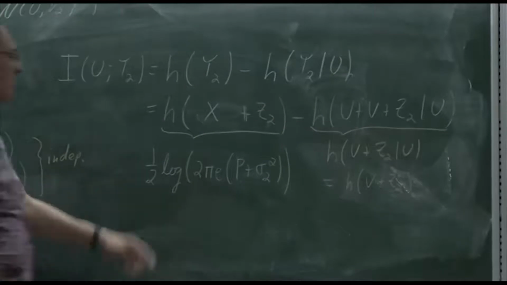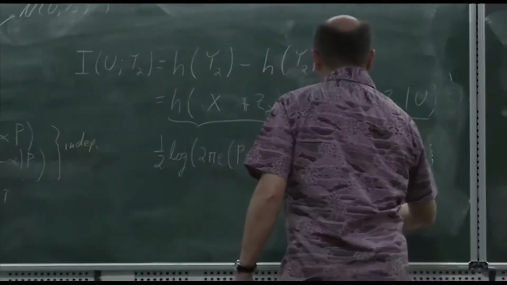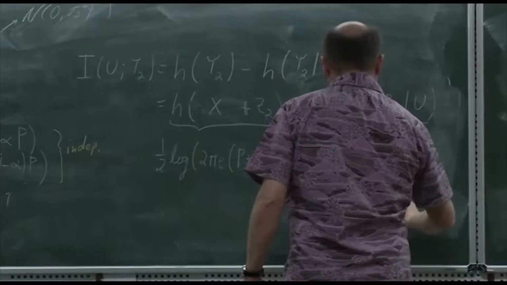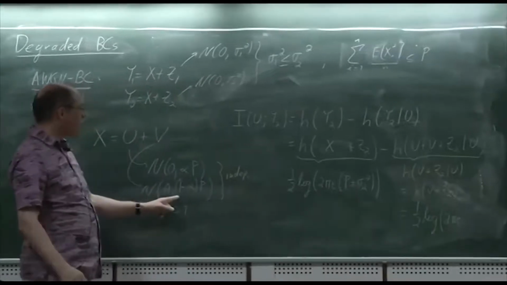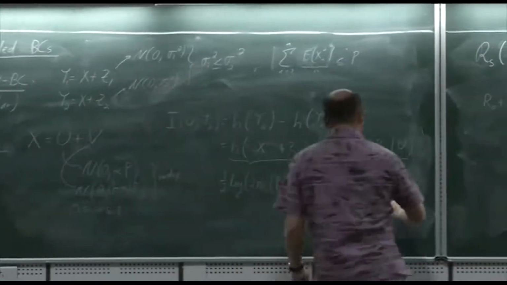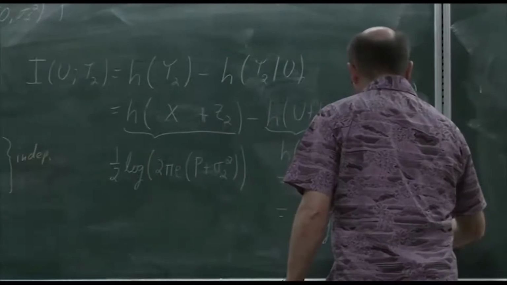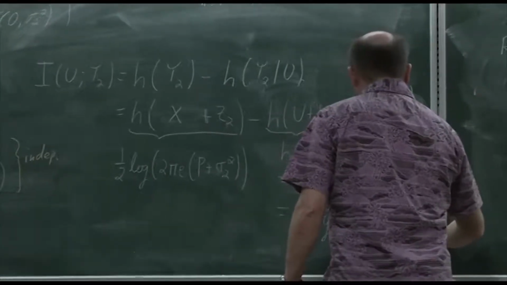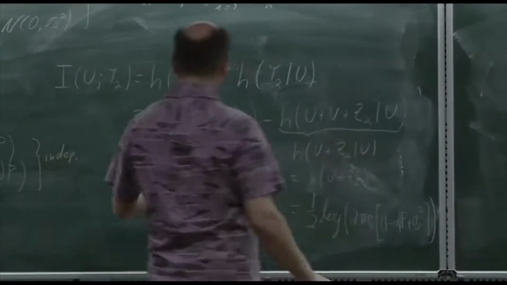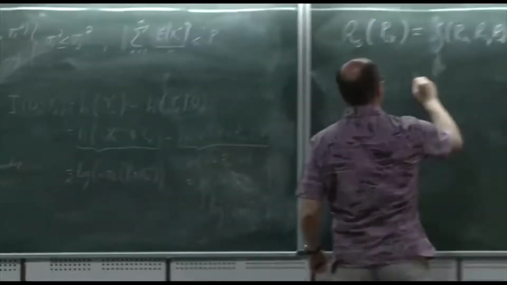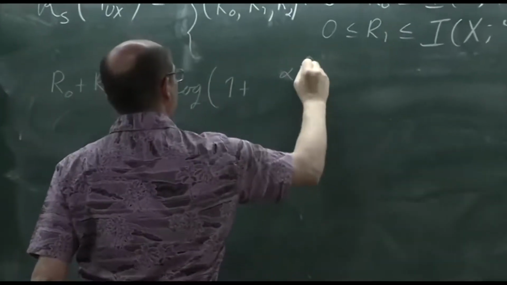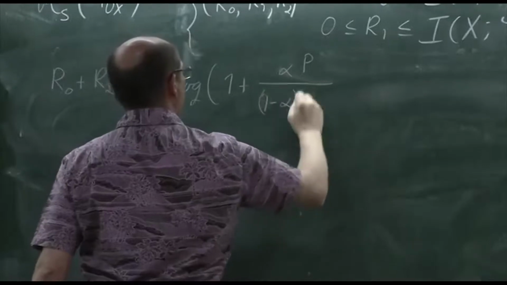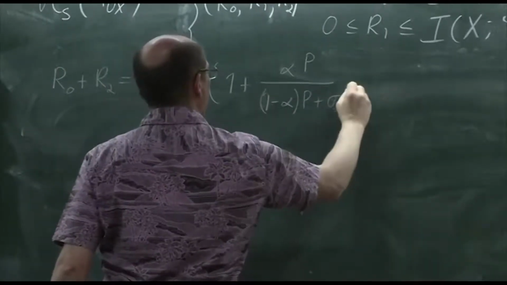This here is 1/2 log of 2 pi e of V plus Z2, but V has power (1 minus alpha)P, so it's (1 minus alpha)P plus sigma 2 squared. Right, so I get this divided by that, so I'm just going to get 1/2 log of 1 plus alpha P over (1 minus alpha)P plus sigma 2 squared. That is my equation.